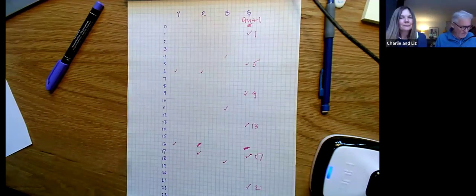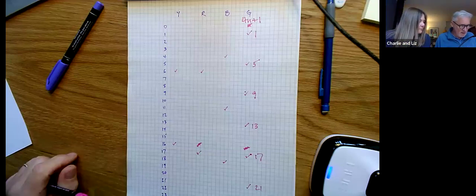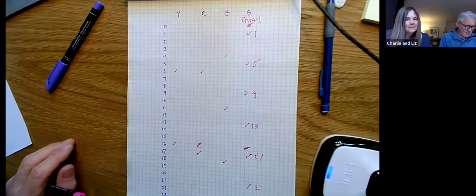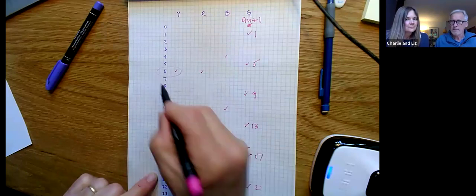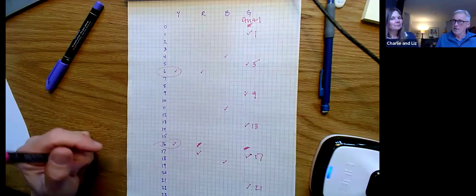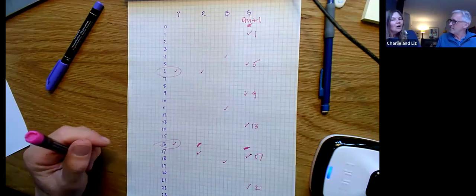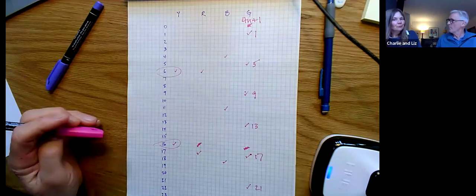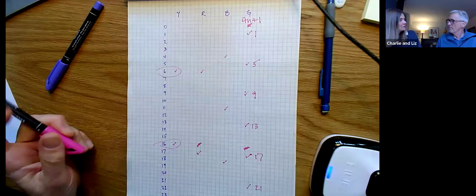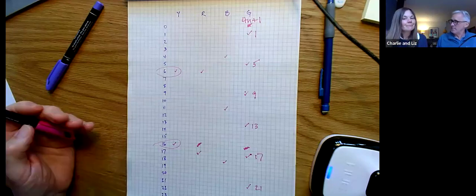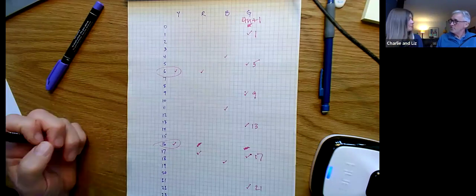I was also intrigued by the yellows. We had 6 and 16 for the yellows. So my conjecture is that I don't think yellows and green will ever light up at the same time. Oh, that's interesting. Green is 1 more than a multiple of 4, which is always going to be odd, and yellow is always 6 more than a multiple of 10, which is always going to be even.